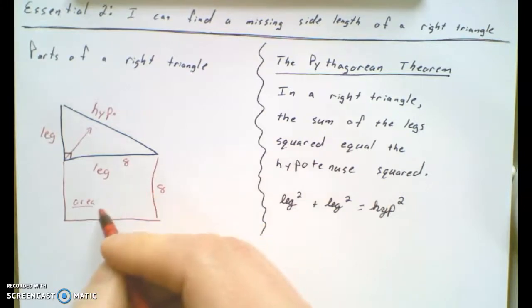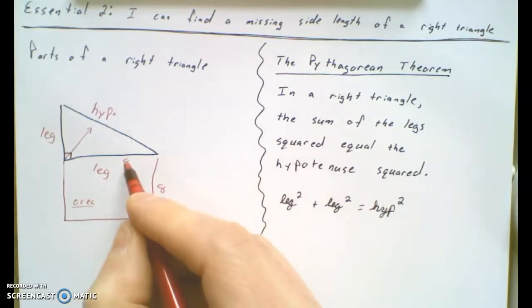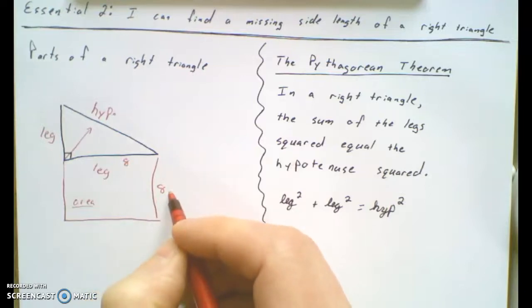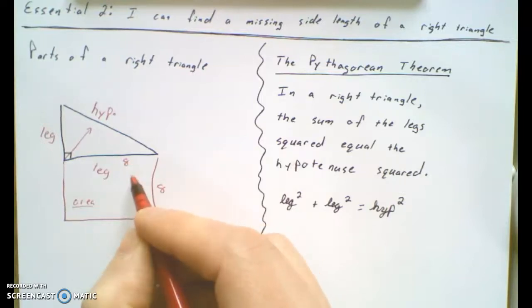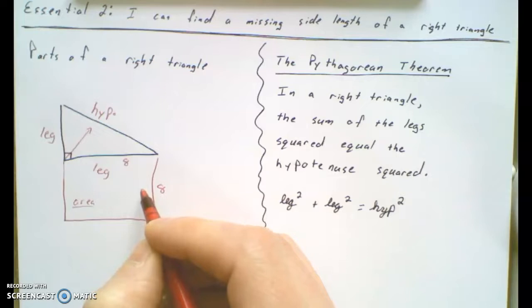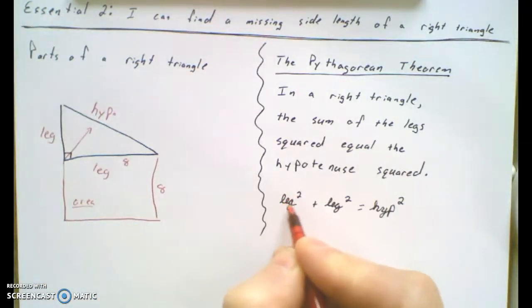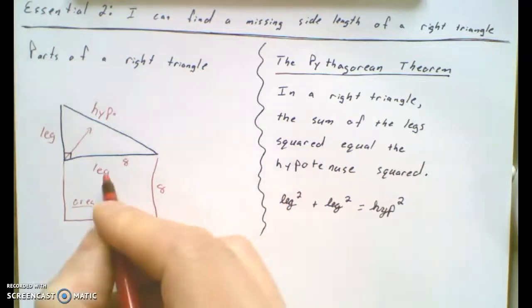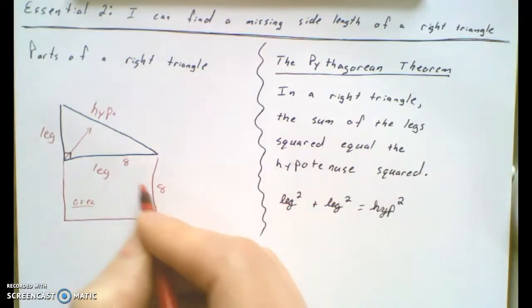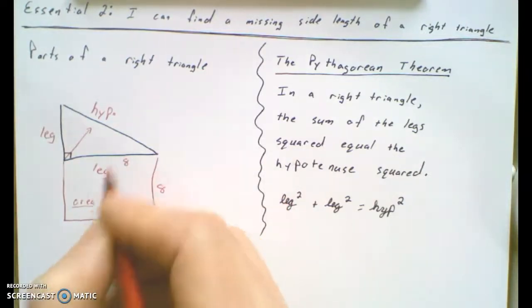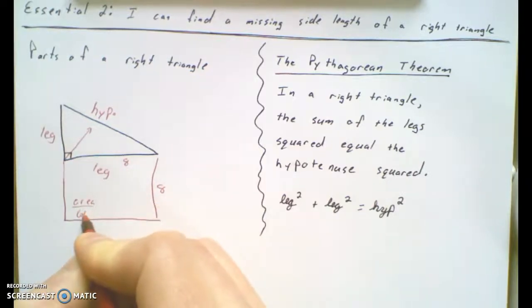And then to find the area, I just take this times this. Since they're the same number, it's just 8 squared. So that's what it means when we say it's the leg squared. It's just this side length times this side length. So in this case, 8 times 8 would be 64.